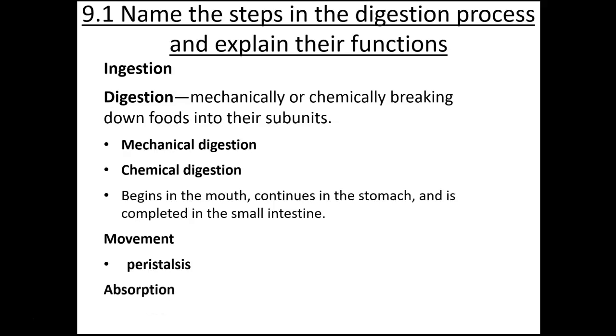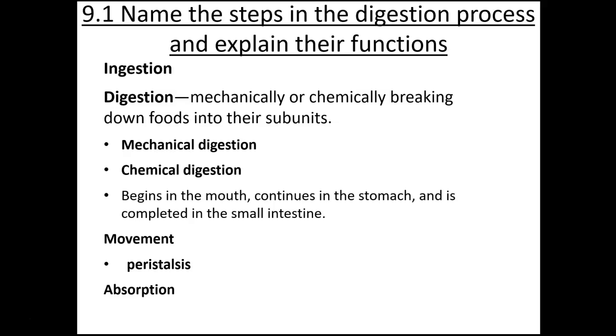And finally, absorption is a really important part of the digestive system because we can break down our food, but the point is to get those nutrients into our blood. So a big part of the digestive system is getting the food into very small molecules that can be absorbed from our digestive tract into our cardiovascular system.